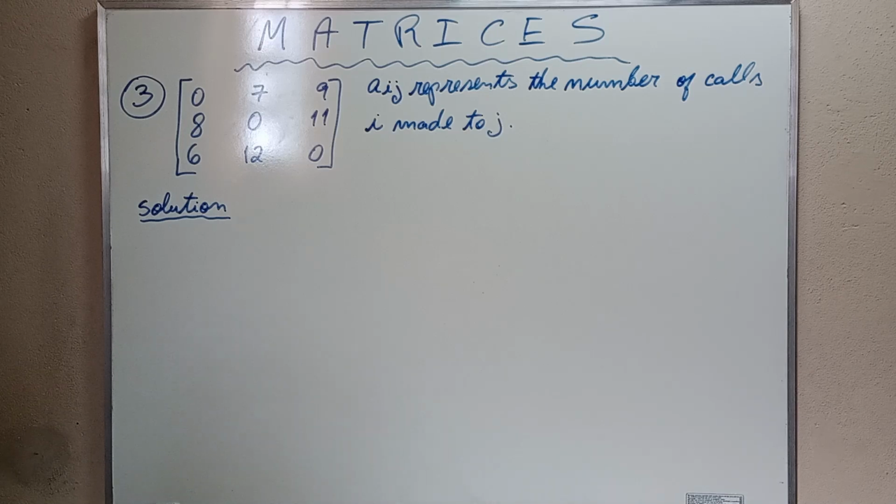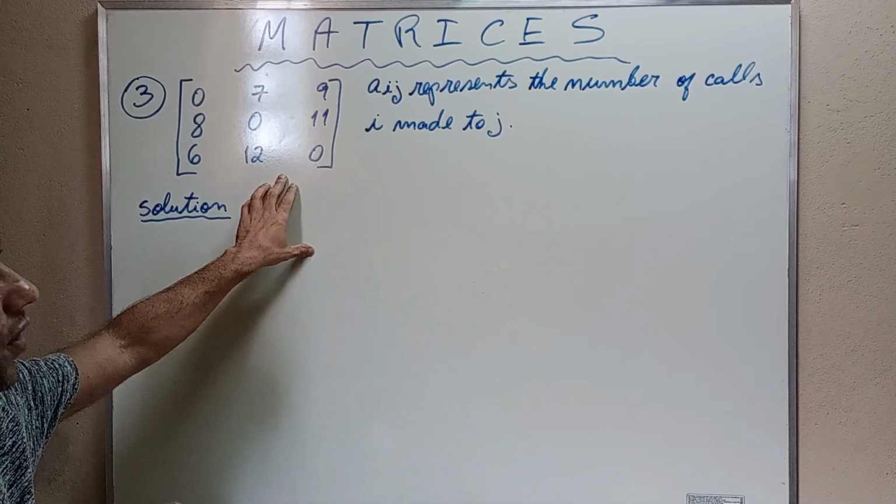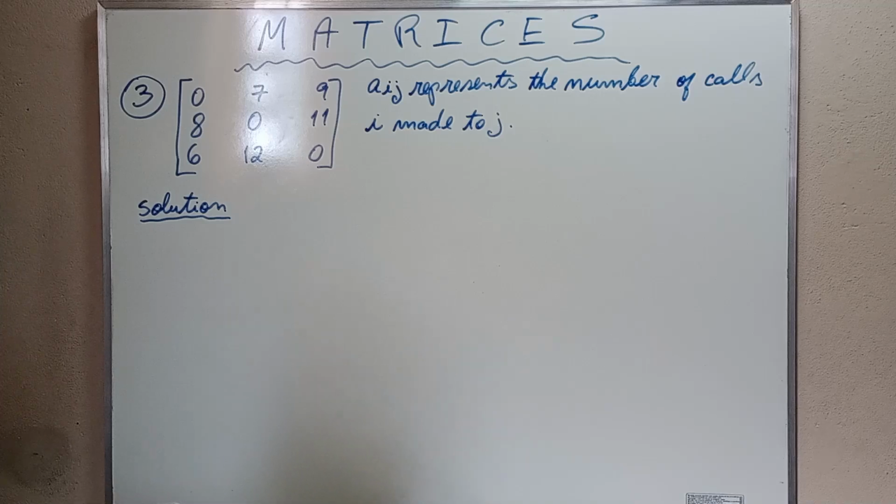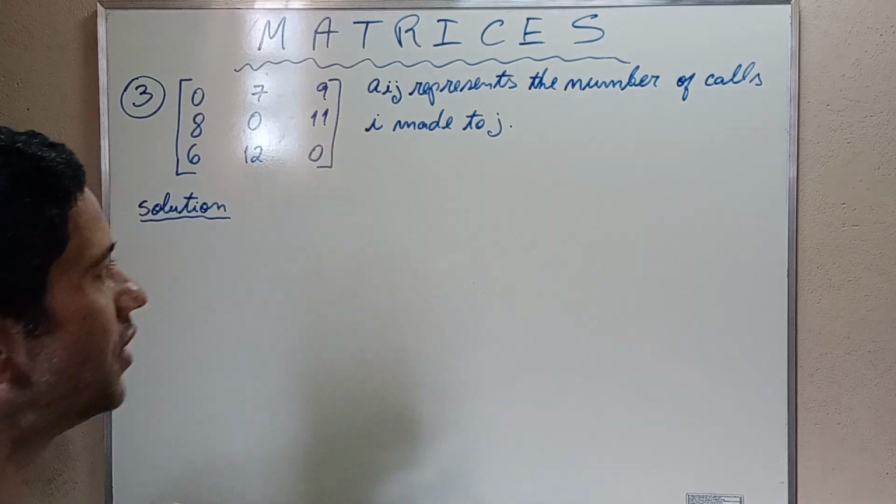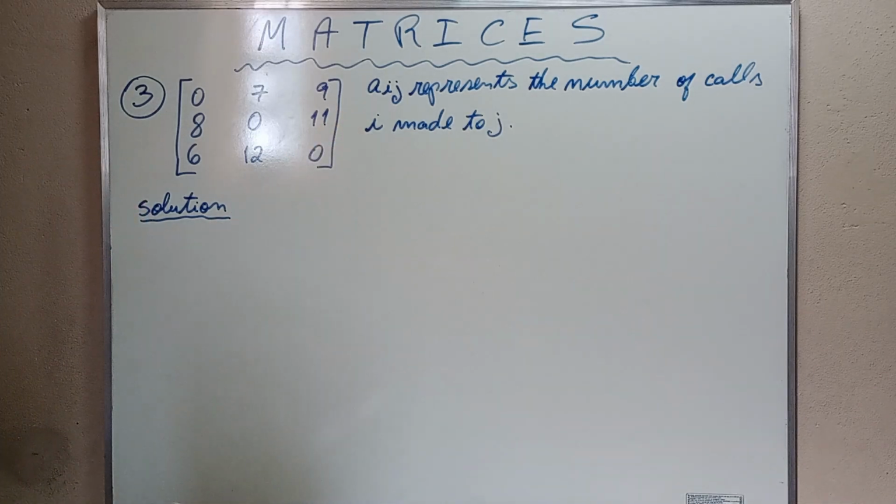Okay, my friends, this is the exercise. Let's go to the solution. The matrix is this, and as the exercise said, each entry Aij represents the number of calls I made to J.